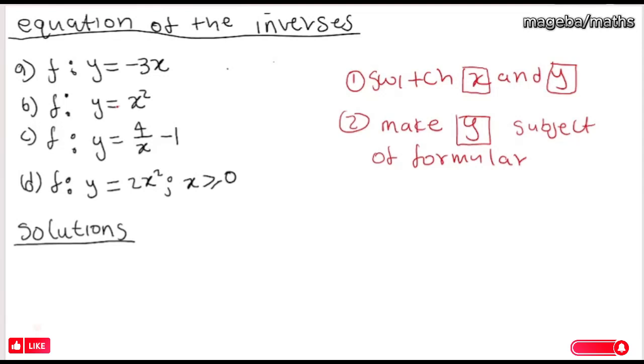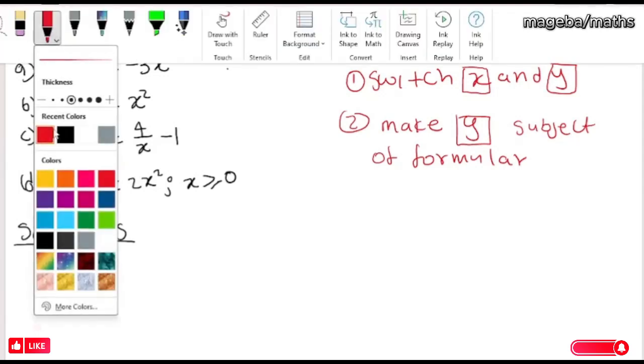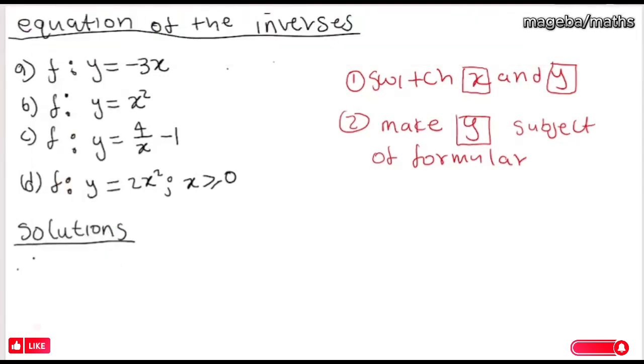Now let's go to our first question that we have here. They are saying f(y) is equal to -3, then from there we must find the inverse. Now let me write this equation as it is first. So they are saying we have f(y) equals -3x, and then from here we need to find the inverse of it.